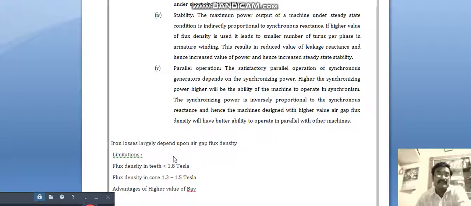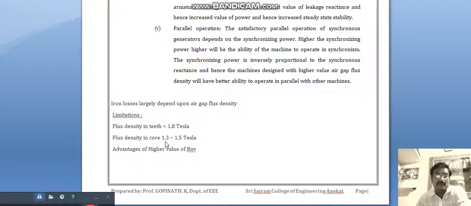Some of the limitations we can see when we go for a higher value of flux density. Flux density in teeth should be less than 1.8 Tesla. Flux density in core, 1.3 to 1.5 Tesla.